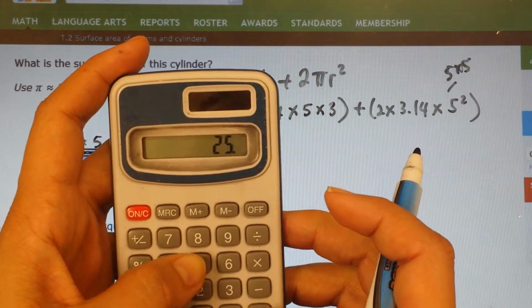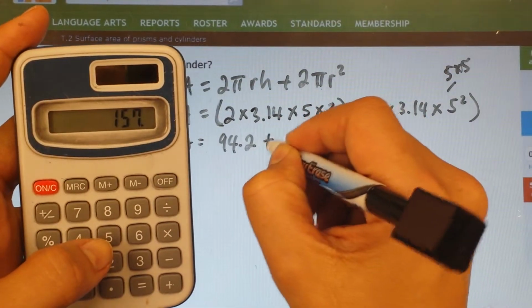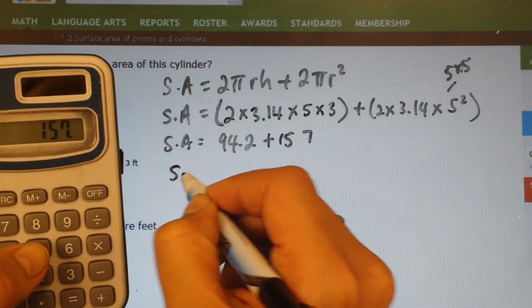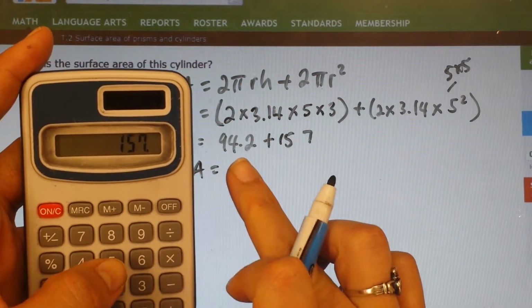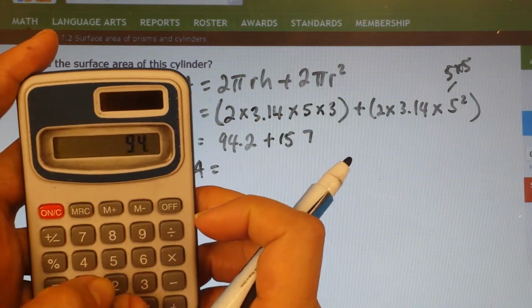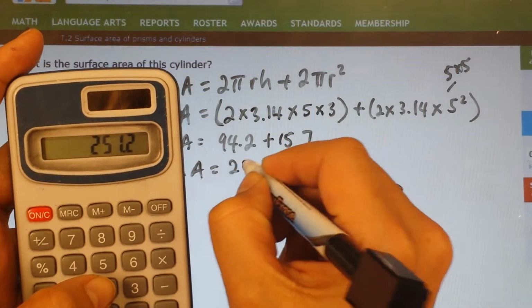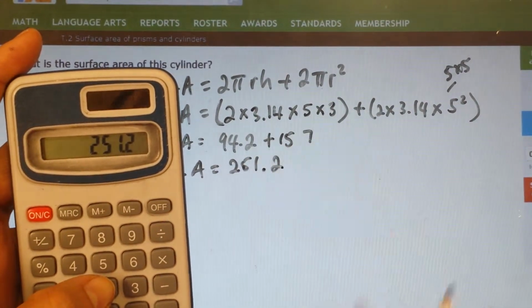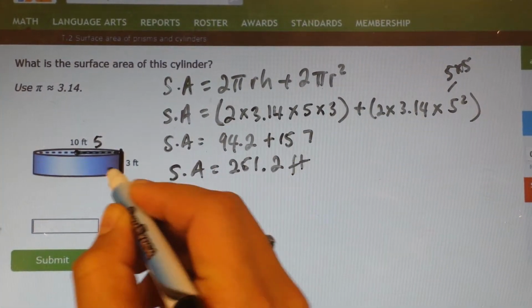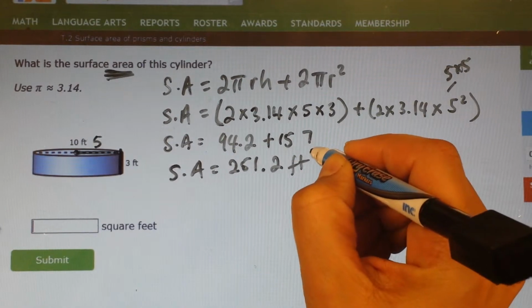So 25 equals 157. Then SA equals 94.2 plus 157, and you're getting 251.2. For surface area, your units are going to be in feet, and because it has to do with area, it's going to be squared.